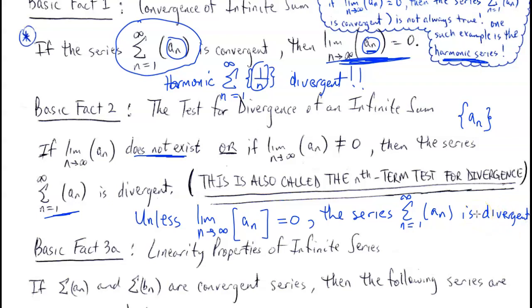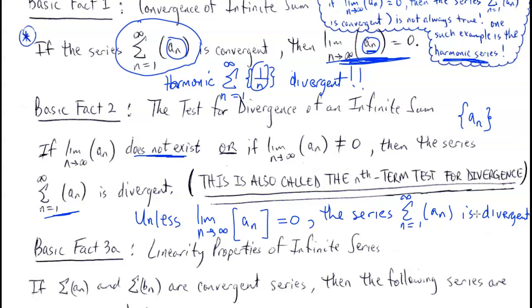So in essence, what this is saying here is that if we know we have a sequence that a particular series came from, and if we take the limit of that sequence and it doesn't equal a real number, or it does equal a real number and is not equal to 0, or putting another way, if it equals anything other than 0, then we know that the corresponding series is going to be divergent.